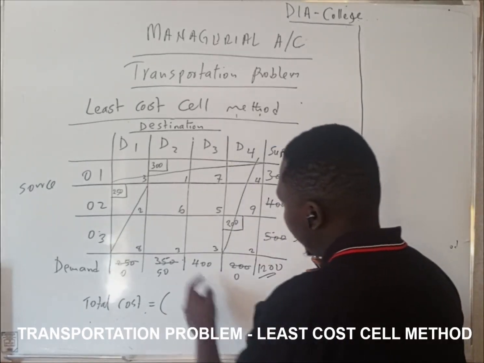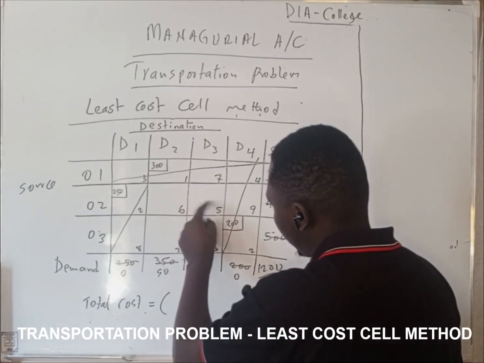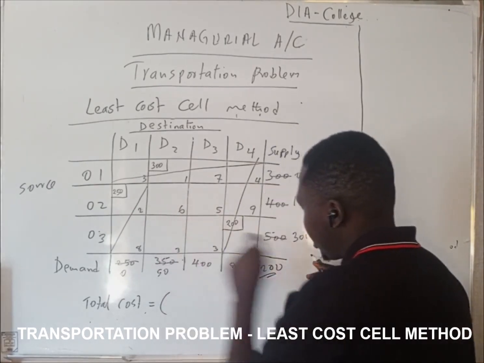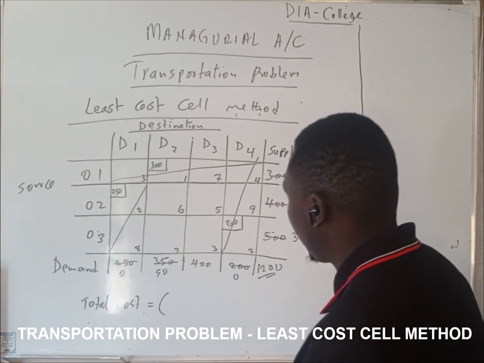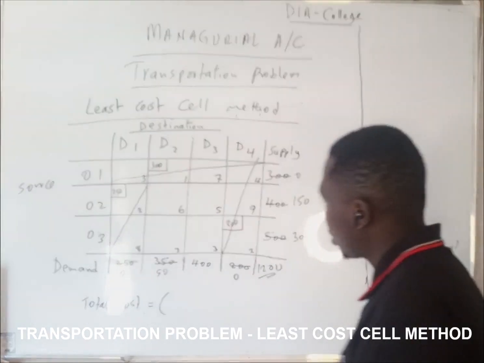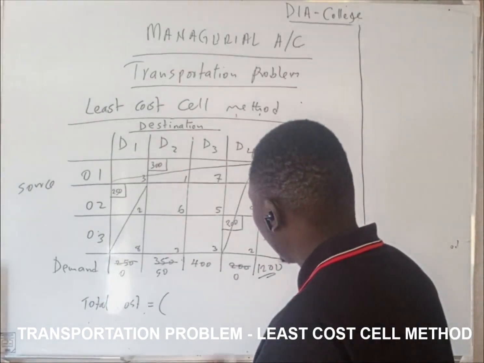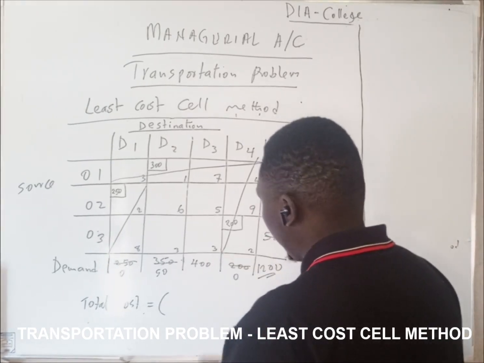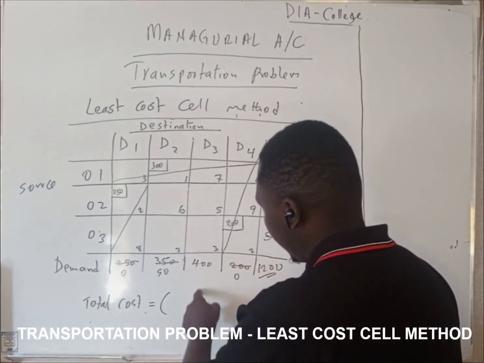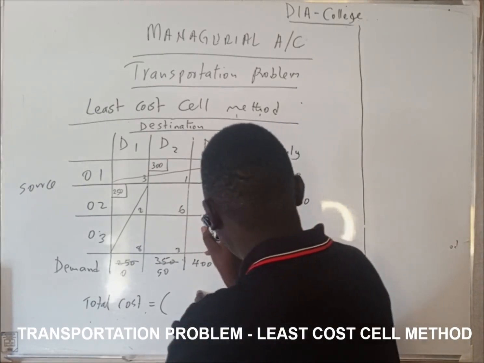So I have only 4 cells participating now. I have 6, 5, this one, this and that. Those are the only cells remaining. Now I identify the cell with the least cost. The cells with the least cost therefore are these 3 and 3, but remember they are tying. So I have to allocate what is needed here. Let's see the availability here.